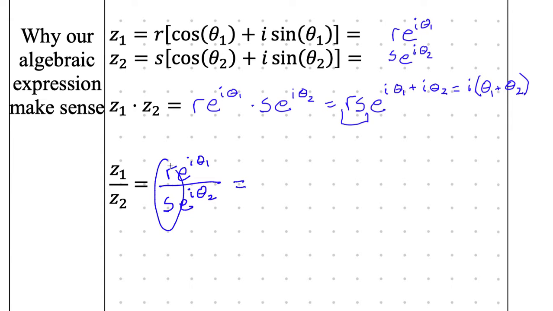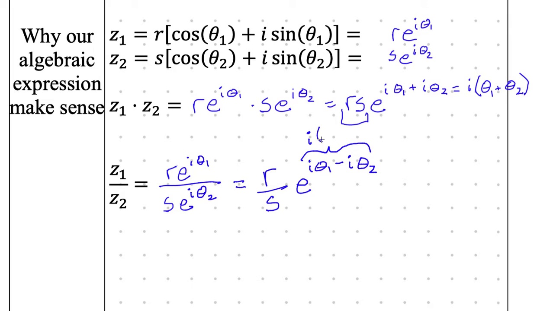Careful, not rs, it's r over s times e to the power of i theta 1 minus i theta 2. And again, that power right here can be converted, or if you factor out the i, it's i times theta 1 minus theta 2. Wait, why are you multiplying the e?